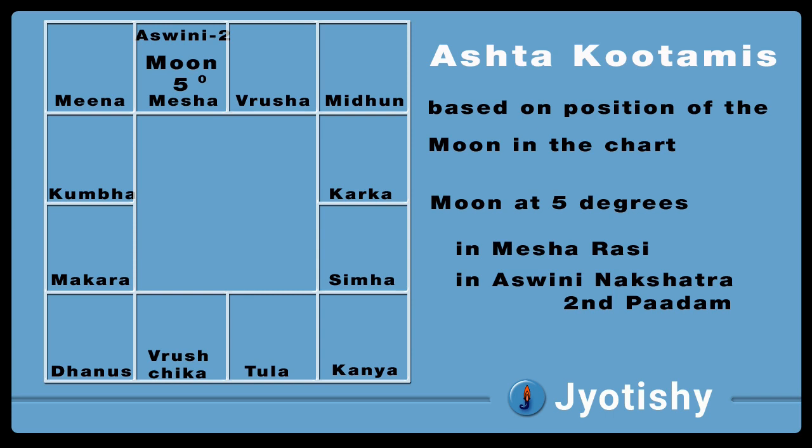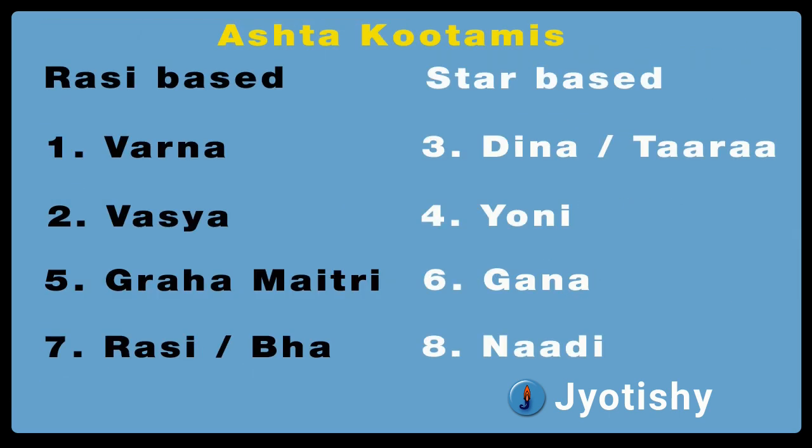The nakshatra in which Chandra is sitting is called Janma Nakshatra. Among these 8 Kootas, half of them are Rasi based and half of them are star based. That means the definition for 4 Kootas is for Rasi, and the remaining 4 are based on the star a person is born in.